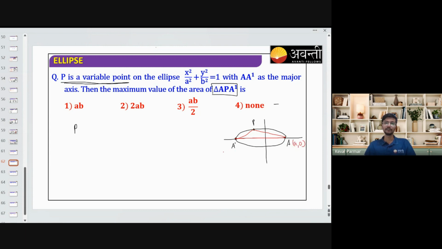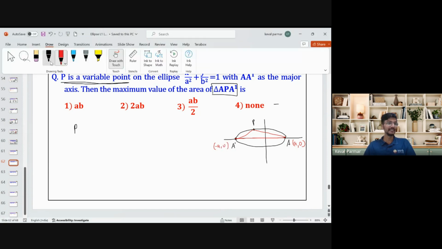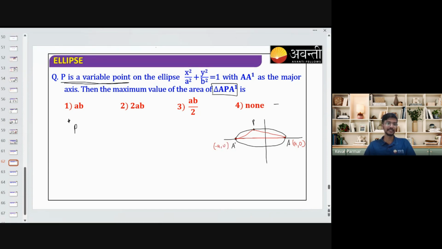We have the coordinates of A dash, minus a comma 0. Now P. The important thing here, guys, is that let us assume the coordinates of P in parametric form, that is a cos theta, b sine theta. What will be the equation of the ellipse?